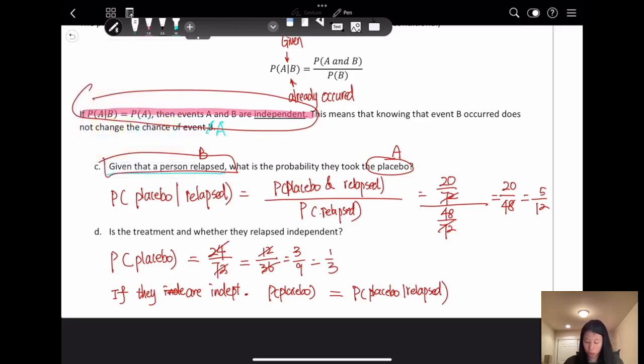We know that the conditional probability is 5 over 12, and people who just took placebo is 1/3. These two are not equal. That means they are not independent. So these are the criteria to test if the events are independent or not. If they're not equal, that means they are not independent. Okay, let me know if you have any other questions.